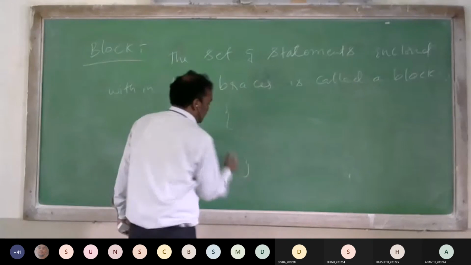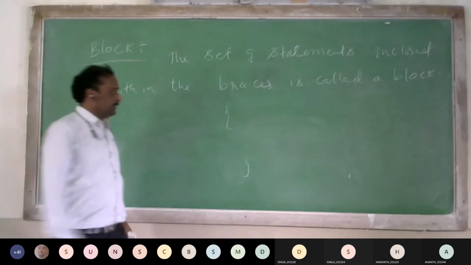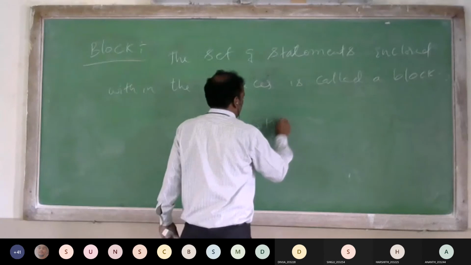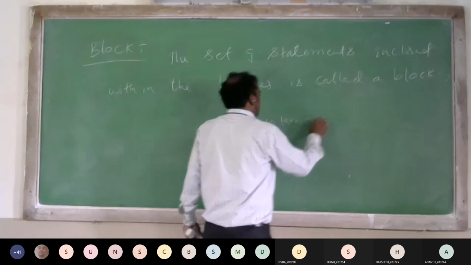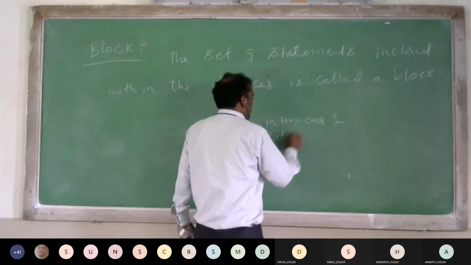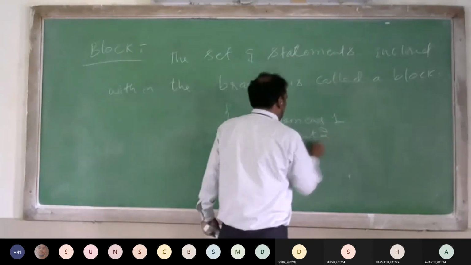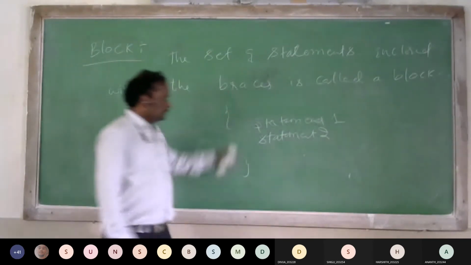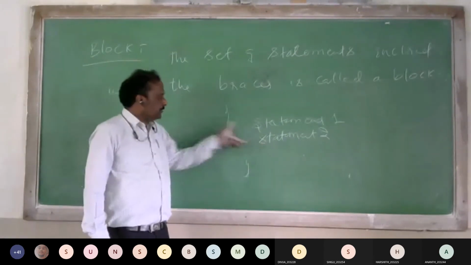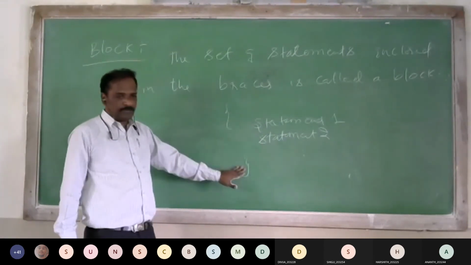The braces symbol is this one. Now, statement 1, statement 2, etc. So, if you want to execute many statements, then you have to write these statements inside the flower braces.